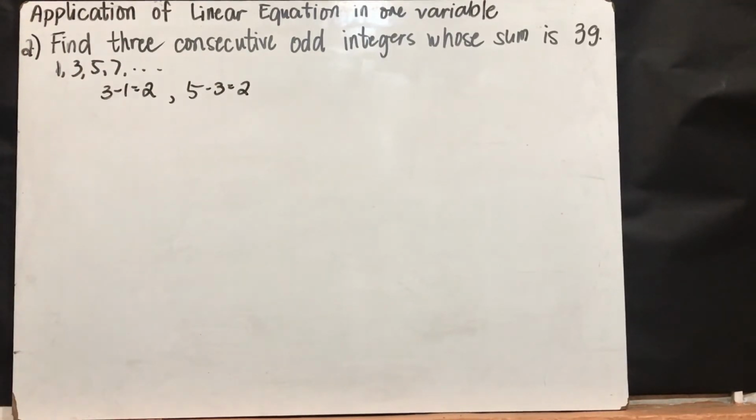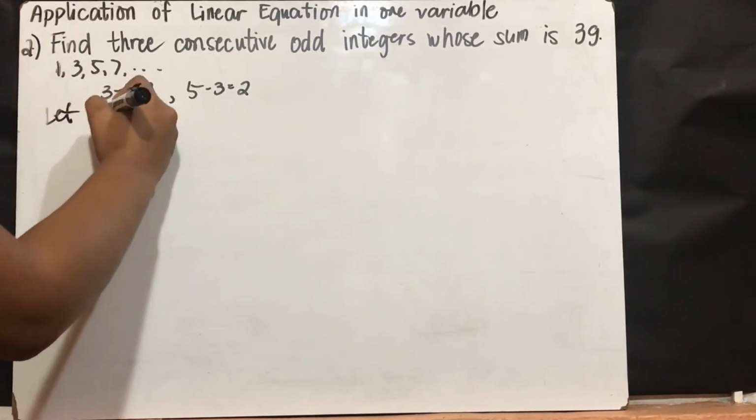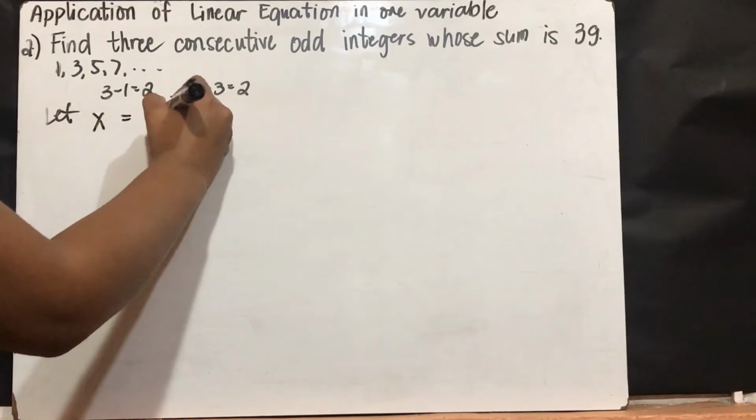So now, mag-designate na tayo ng mga unknowns. So, since 3 consecutive odd integers yan, ibig sabihin, yung intervals ng mga values mo is 2. So, let x be the first odd integer.